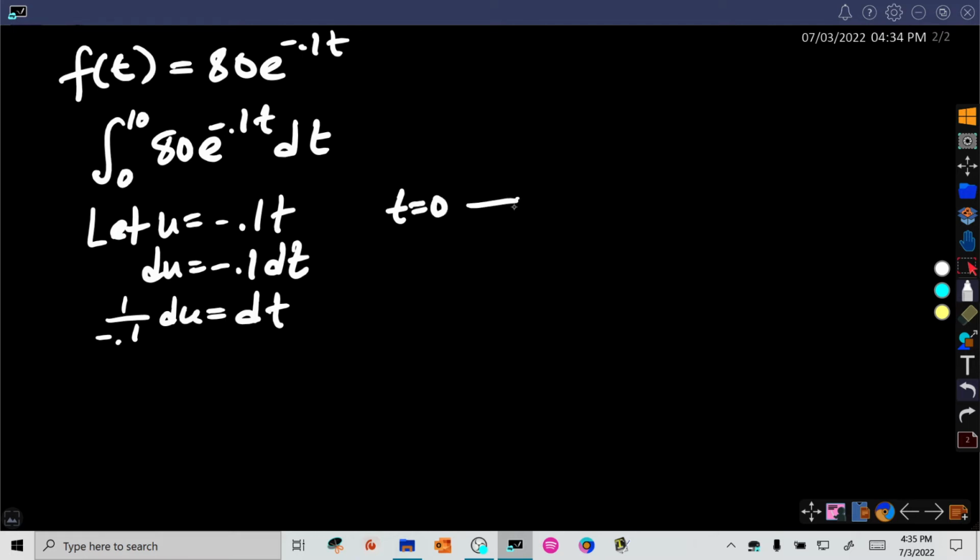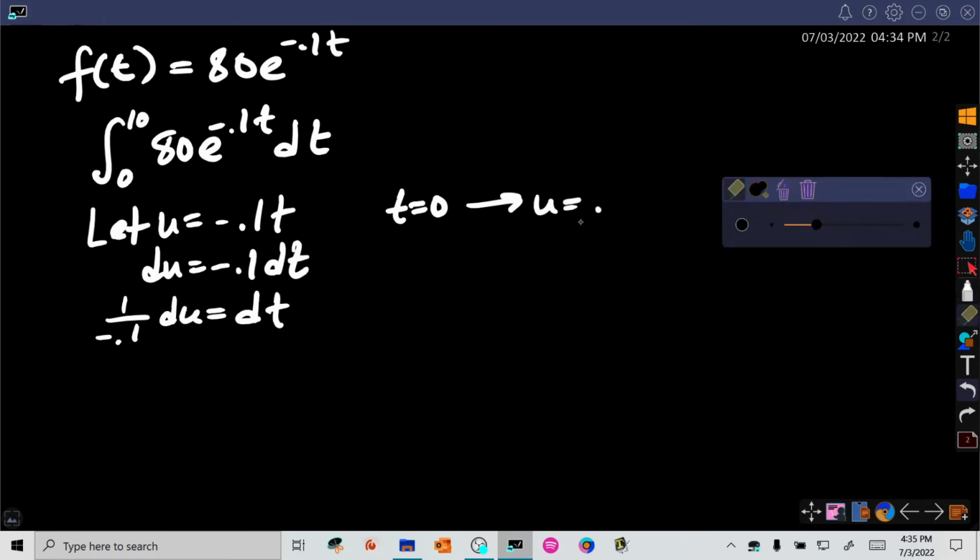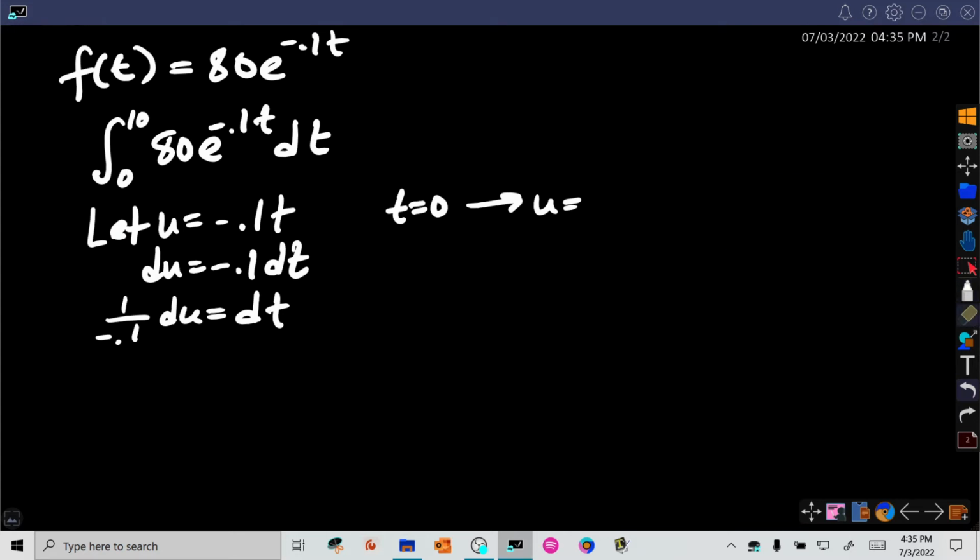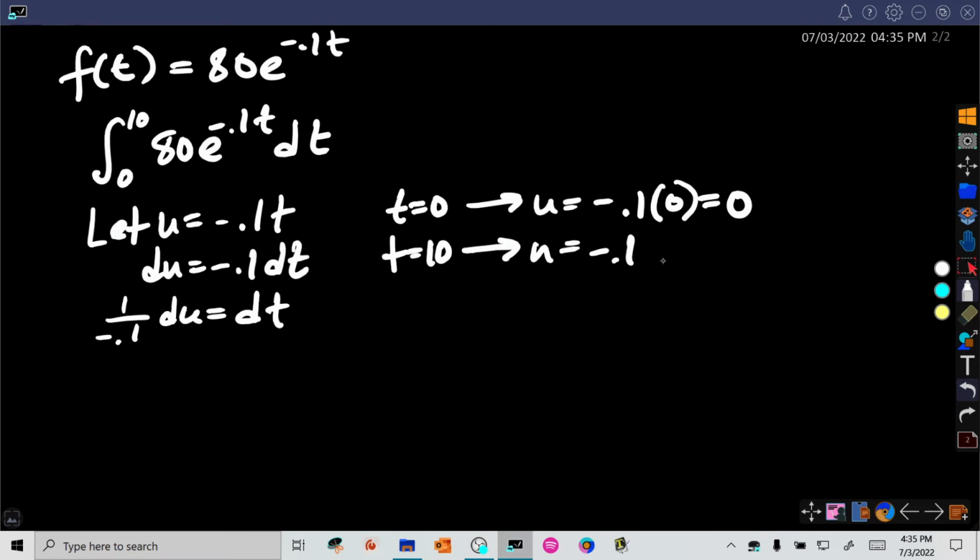That means that we've got u is equal to minus 0.1 times 0, which is equal to 0. Guess it really didn't matter there. T equals 10. This will be u equal to minus 0.1 times 10, which in this case is going to equal minus 1.